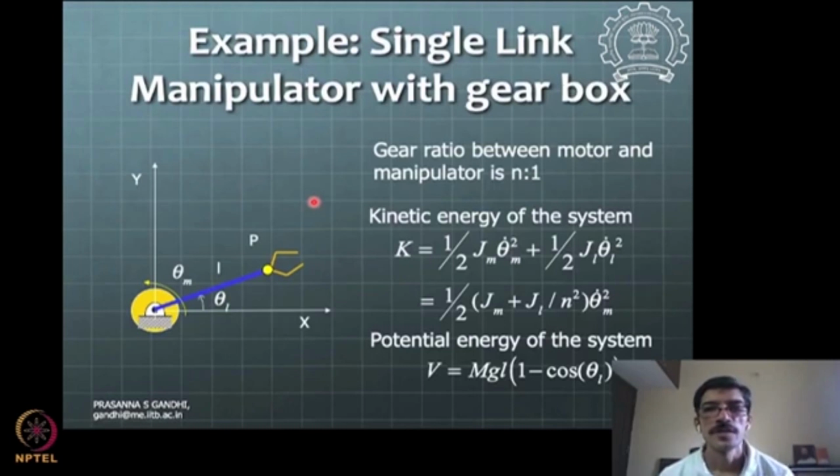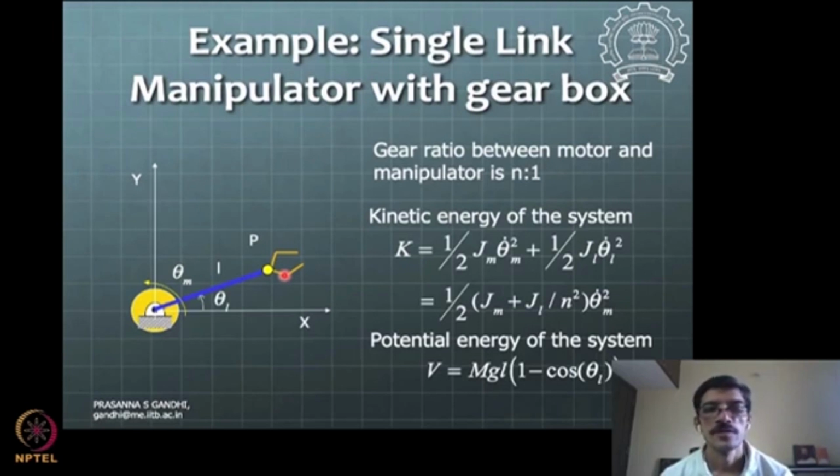Now we can further extend it to the other case, which is another interesting problem. You have a gear attached to the motor shaft, and to the output of the gear you have a link attached. This is typically a configuration for robotic systems: you have a motor and gear, and then further some links.